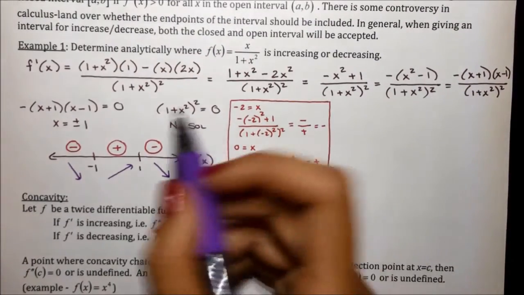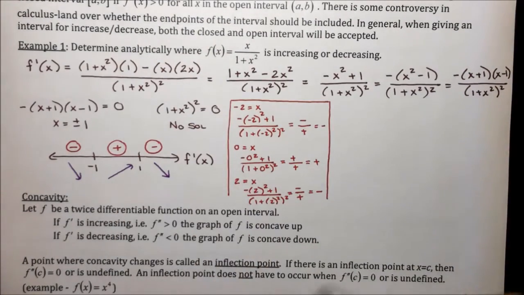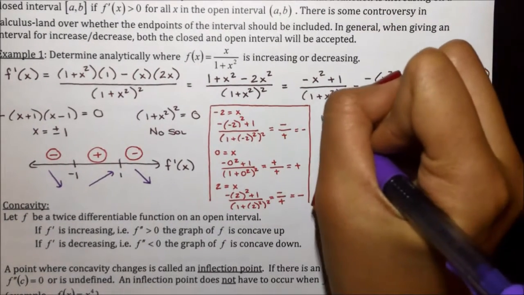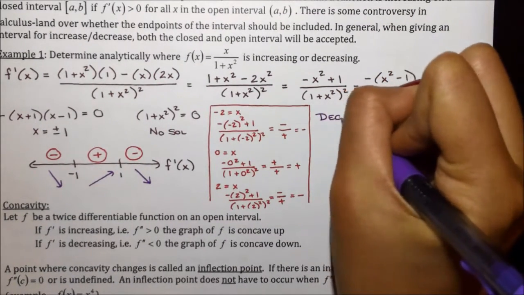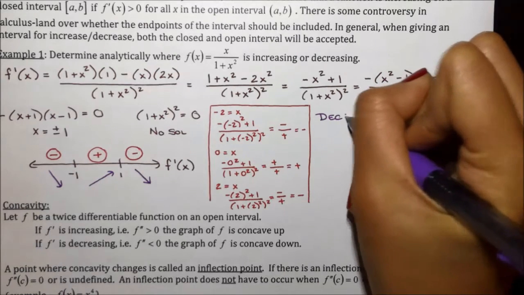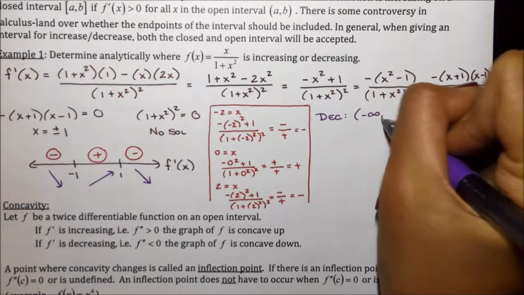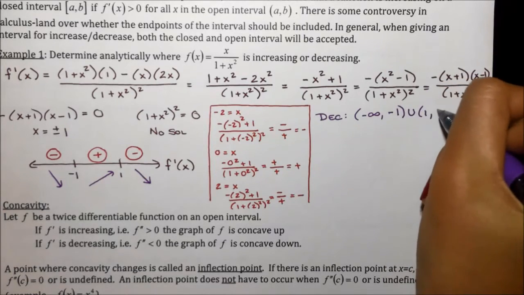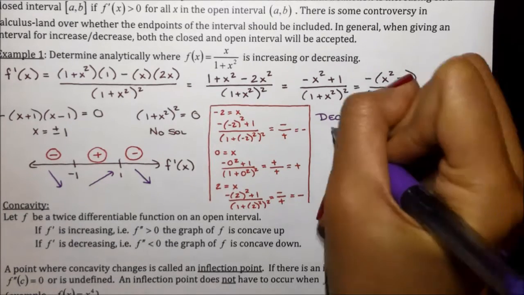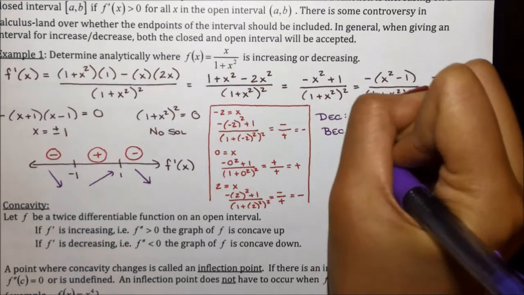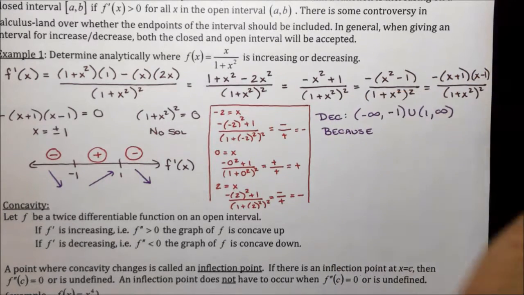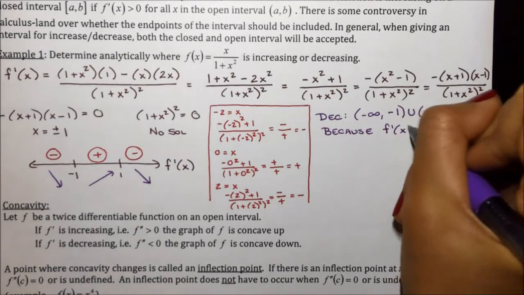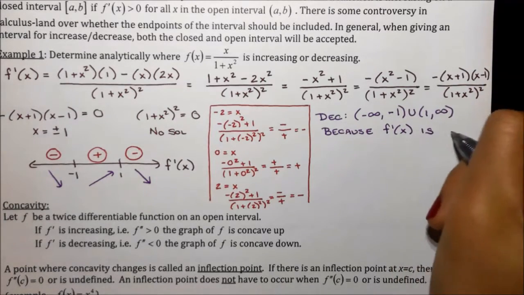And anytime it says determine analytically or explain your reasoning, I want you to do an explanation. You say decreasing on the interval -infinity to -1 and 1 to infinity because f prime of x is negative.